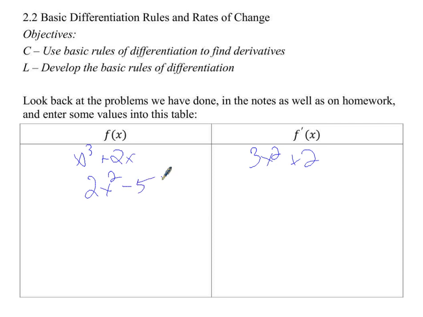Okay. 2x cubed minus 5x plus 1. What did we get? Okay, give me another one. 3x squared plus x. What do we get? 6x plus 1.